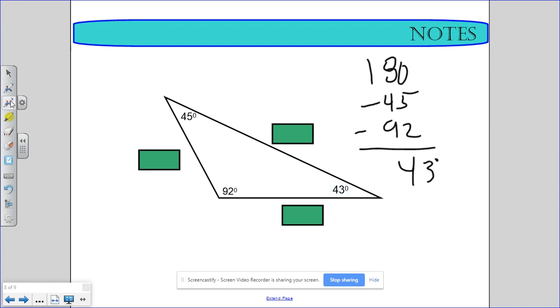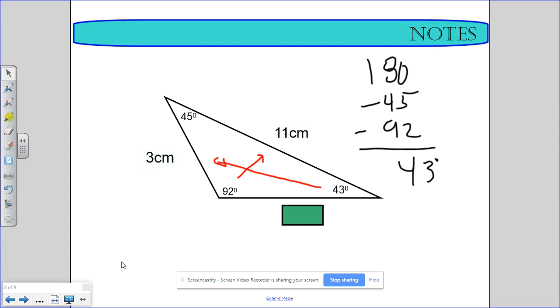All right, the second part of that said that my largest angle, which is this 92 because it's the biggest of the 3, is across from the longest side. So this side could be 11, okay? So then my shortest angle is across from the shortest side. We can say that this is 3. I hope that makes sense. I think I have an example.